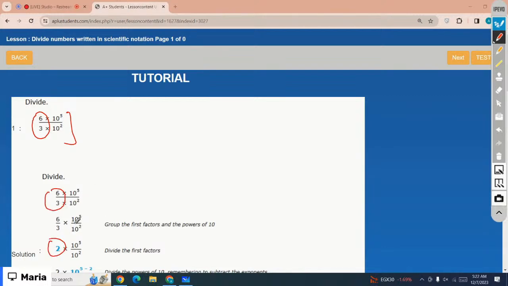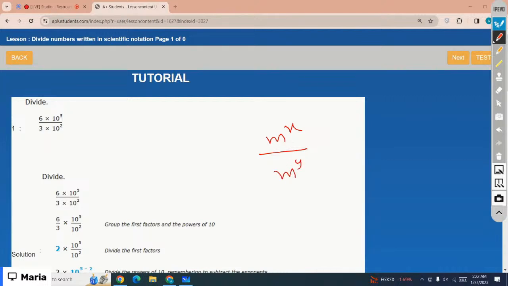And when you are dividing, they have the same base, just their exponent is different. You have to apply the rule for the exponents: m exponent x divided by m exponent y.